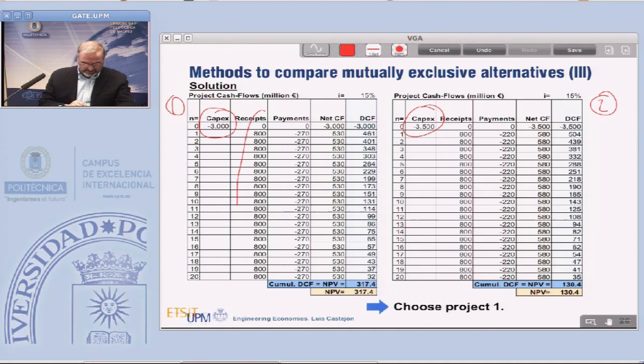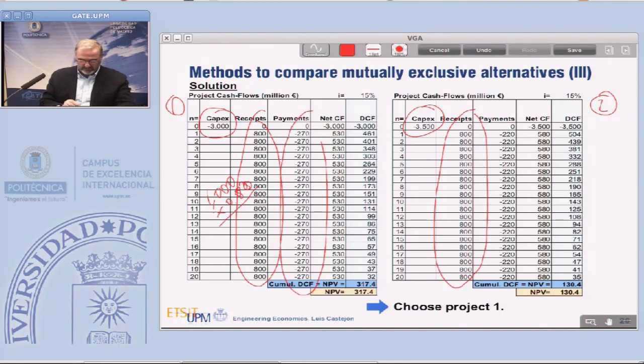The receipts are the same for both, which is the multiplication of 1,000 million liters times 0.80, 80 euros cents. You see the same receipts in project 2.